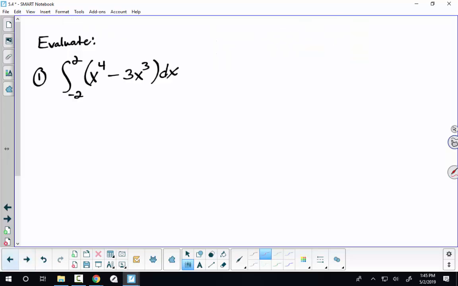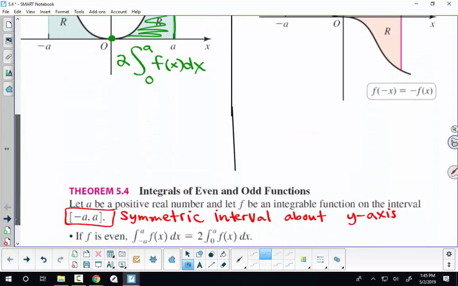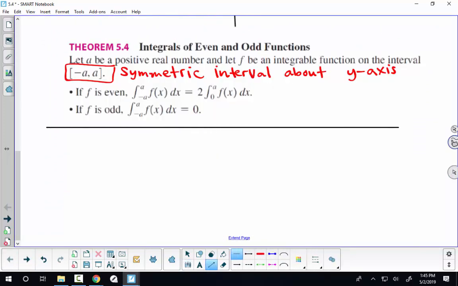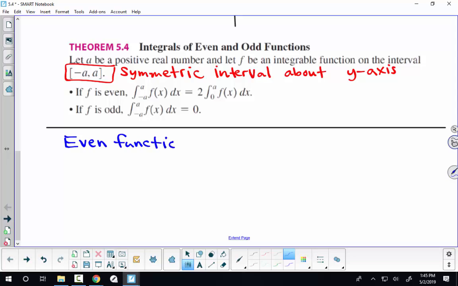I guess let me back up, and I realize it might have been a while since you've talked about even and odd functions. So how do we know if we're dealing with an even function, an odd function, or neither? Does anybody remember? It's the power of the highest term. No, I think that's for polynomials, the leading term.